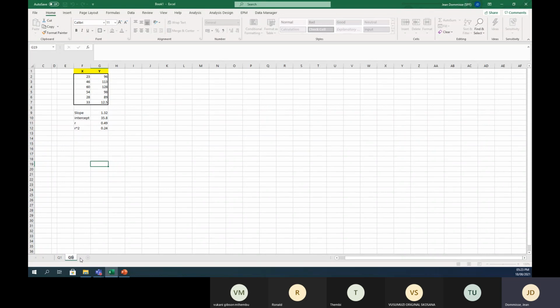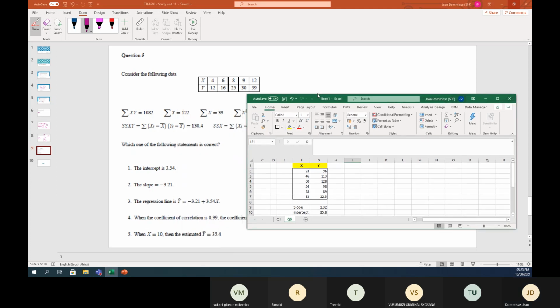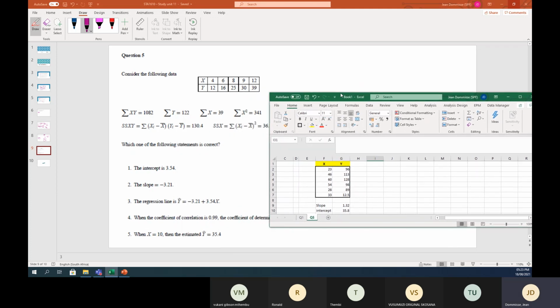I think that is how you can also do that in the exam, or as you now prepare for study unit, the assignment 5.